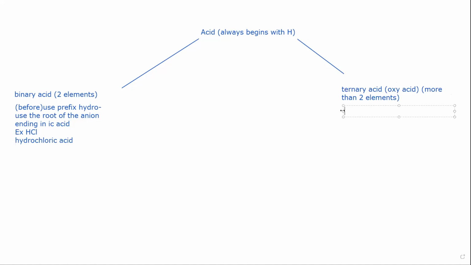Well, the rules say that if your polyatomic ion ends in ate, you change the ending to ic.